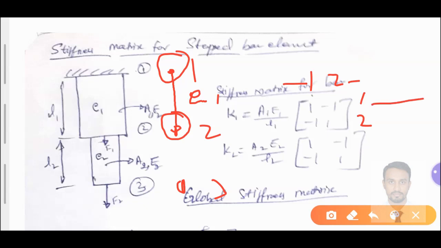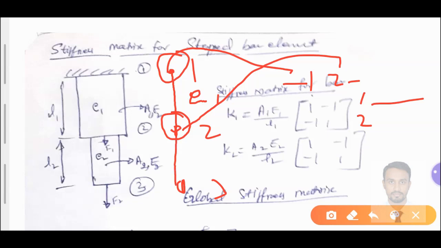There is no other matrix at all, so where it will start from here and where it will end from here. Now we got the idea of where it will start and where it will end, and we will give the names for the element. Similarly, element number 2 starts from node number 2 and ends at node number 3.